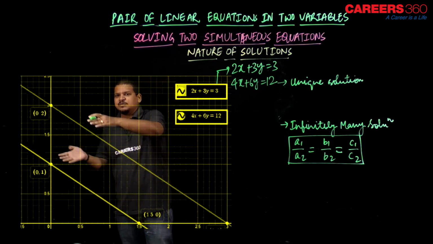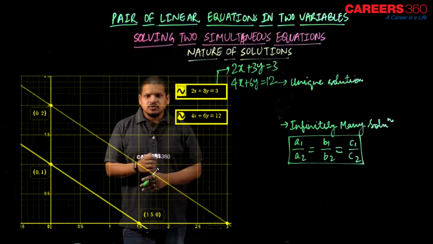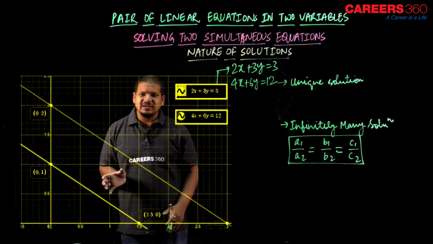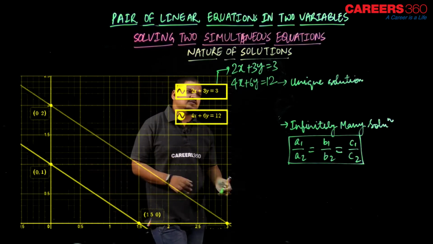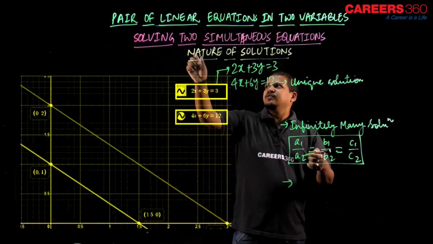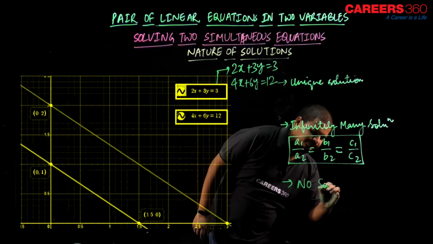It is somewhat similar to that. They never meet up, right? So this is a pair of parallel lines and they never meet, and that is why our third type of solution will exist, in which a pair of linear equations gives no solution.